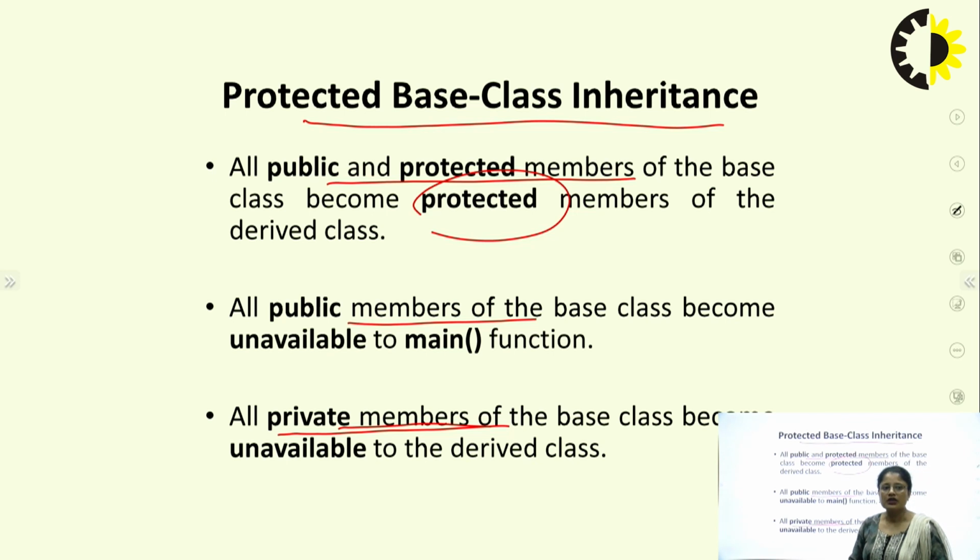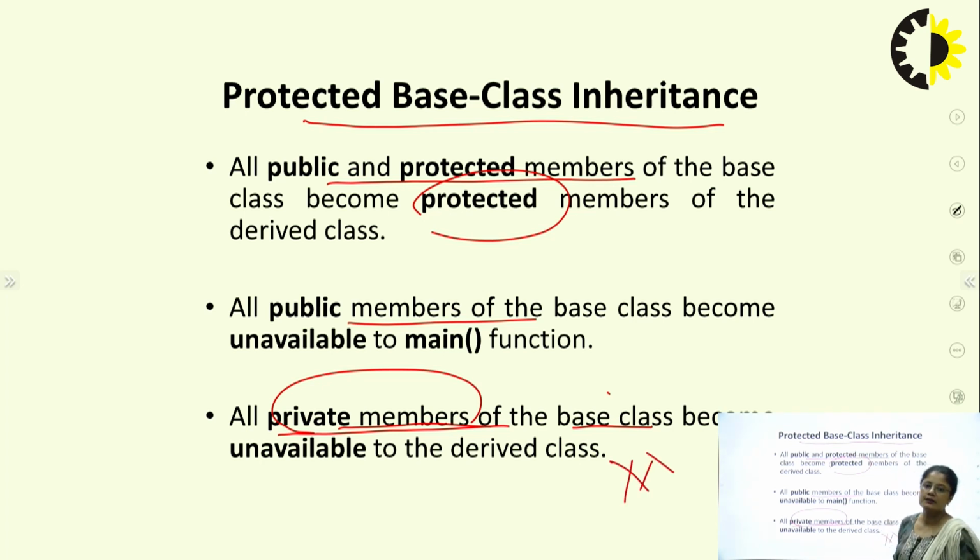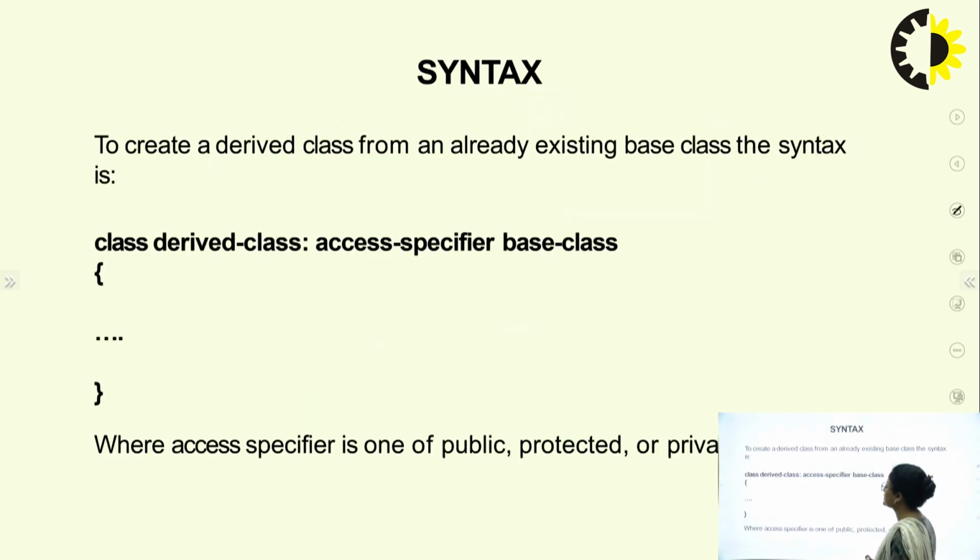That means whatever the case of inheritance, whether protected, public, or private, the private members of the base class will never be inherited, or can never be accessed by the members of the derived class. So this is the syntax which I already described.